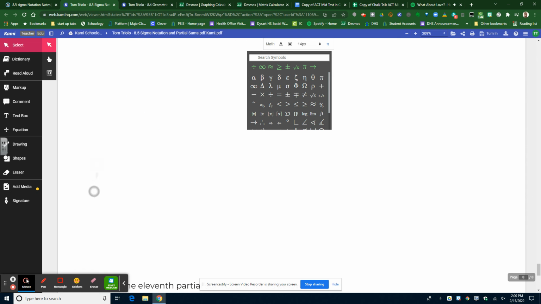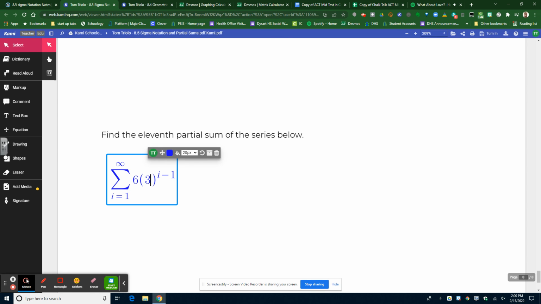Okay? And then after that, find the 11th partial sum of this one. This one you probably want to use the formula for. Okay? Because these numbers are going to get rather large quickly when you have a common ratio bigger than 2. Yeah, it's big. Okay? So see what you can do with those 2 on your own. And then that's it. So we'll go over them in a couple minutes.